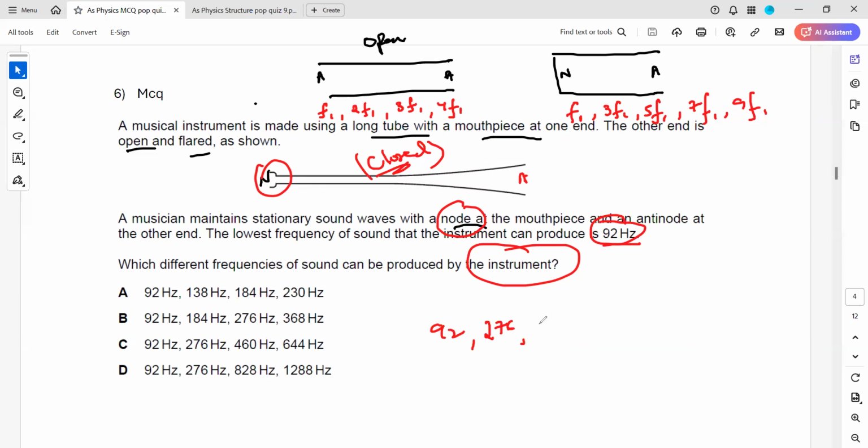It will be 460. If this is F1, this will be 3F1, 3 multiplied by 92; this will be 5 multiplied by 92; this will be 7 multiplied by 92. So 7 multiplied by 92 is 644. With reference to that, the answer will be C.